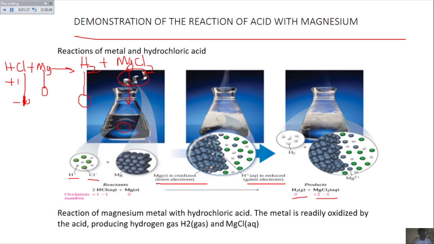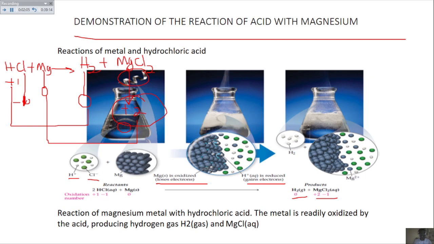Therefore, we pick it from here to here, an increase in oxidation number. That one is called oxidation. And you see it has lost 2 electrons. That's why I say magnesium is oxidized by losing electrons.